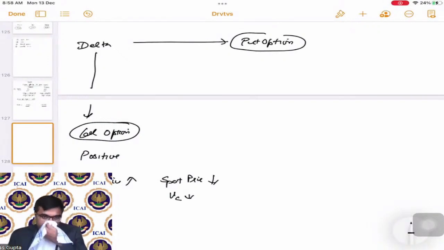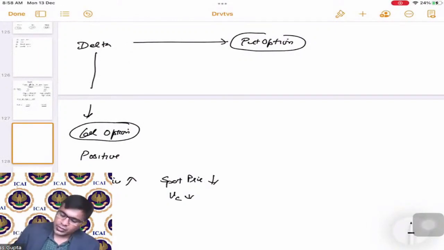So the delta of a call option is always positive because it shows the positive relation, as we discussed. On the other hand, the delta of a put option is always negative to show the negative relation.